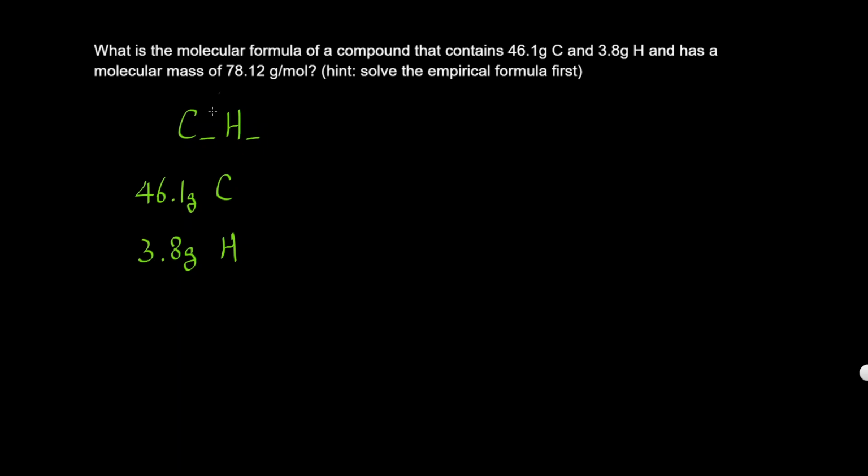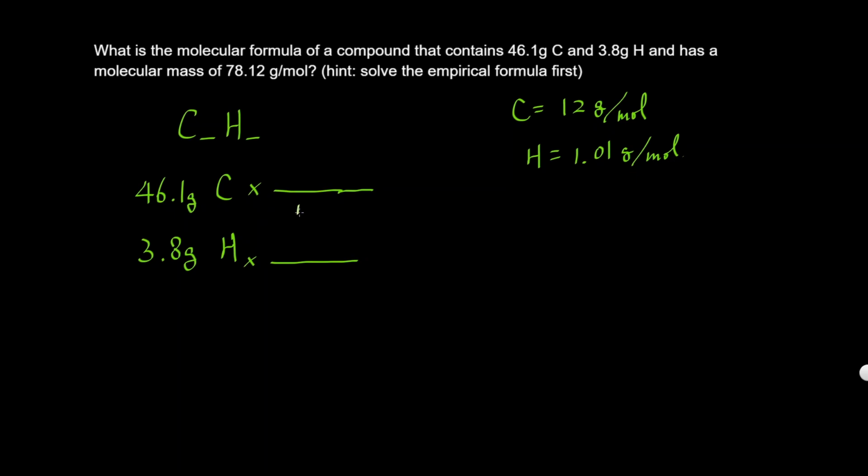The values they gave us are in grams, so you've got to change them to quantity-wise. You first convert both of them into moles. Carbon, I'm just going to use 12 grams in 1 mole, and hydrogen, 1.01 grams per mole. If you have 1 mole of hydrogen, it's going to weigh 1.01 grams. If you have 1 mole of carbon, it's going to weigh 12 grams. So we're going to use molar mass to convert these grams into moles.